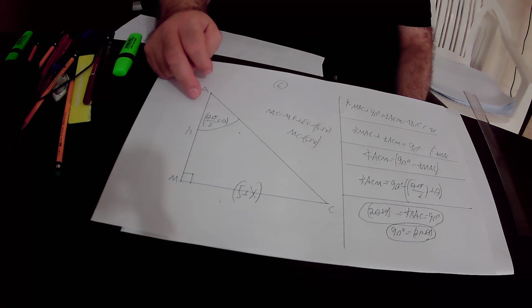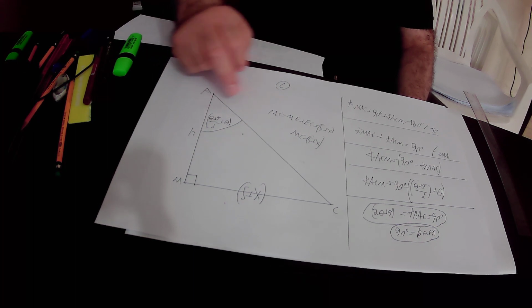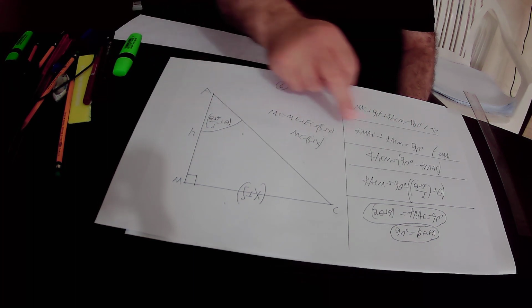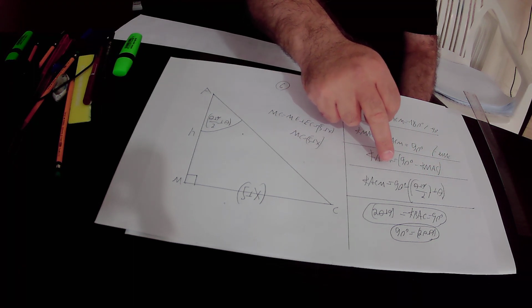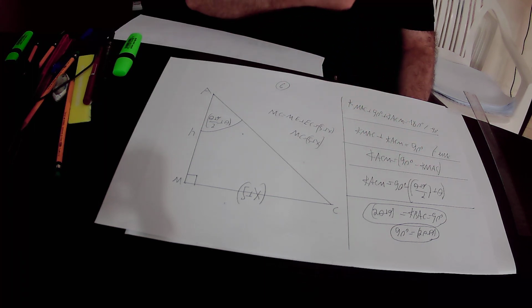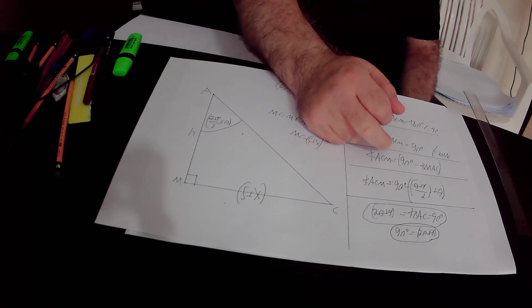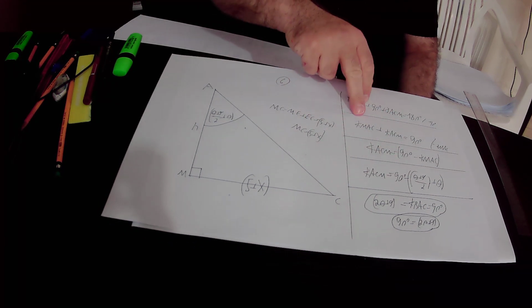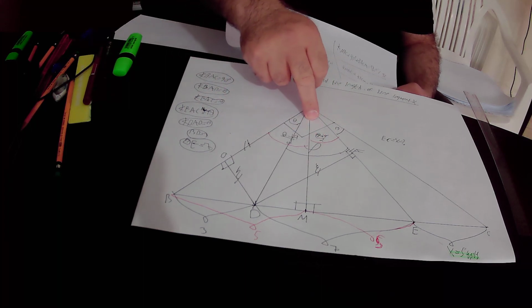But we have already found that angle MAC equals theta plus alpha over 2 plus theta, so we can substitute it. We did it, and we got that angle ACM equals 90 degrees minus the quantity theta plus alpha over 2 plus theta. But what is 90 degrees? From one side, angle BAC equals 90 degrees, as given in the question.